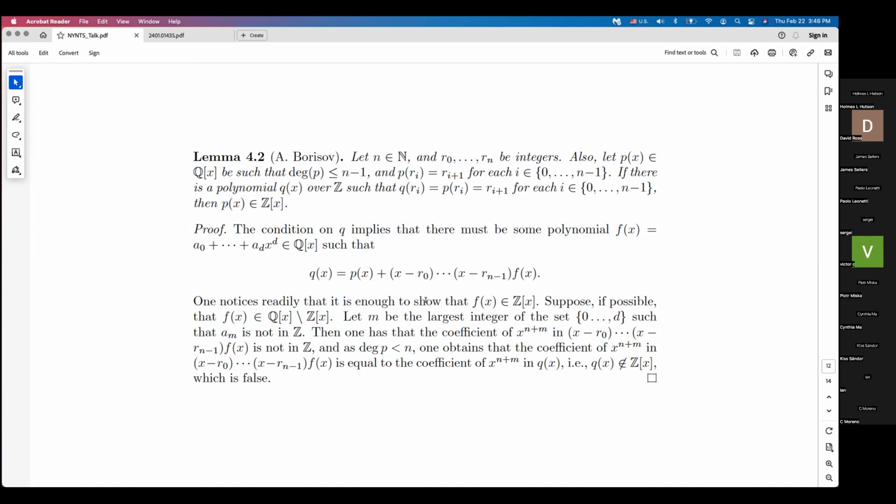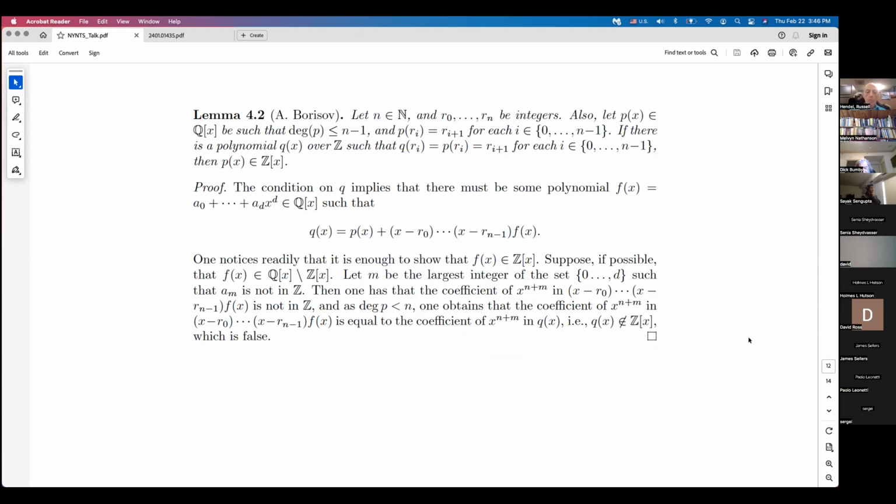And well, the idea is simple. You can just write out some. So q(x) is going to be like this, using the condition that's given here, because p(ri) agrees with q(ri). So you will have something like this for some polynomial f(x). And well, you can allow 0, I guess.